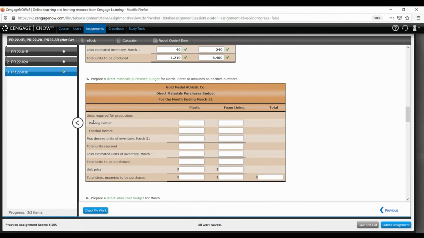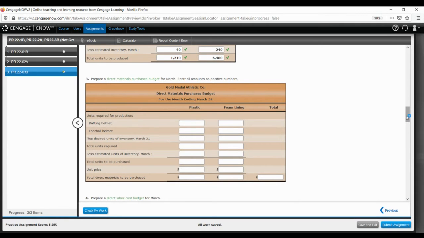I kind of wish, instead of Cengage saying that this was units required for production, I really wish they had put the materials that are required for production. Just to make sure you understand, what we're trying to figure out is how much plastic we're going to need to produce the batting helmets that comes from the production budget.